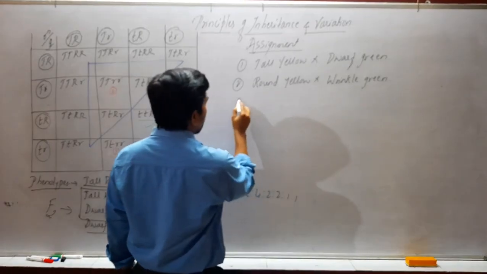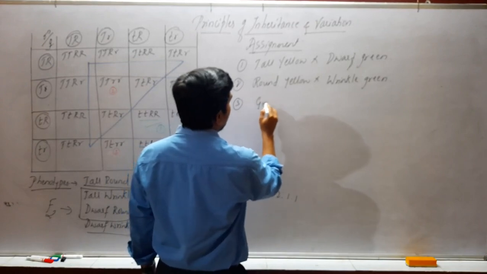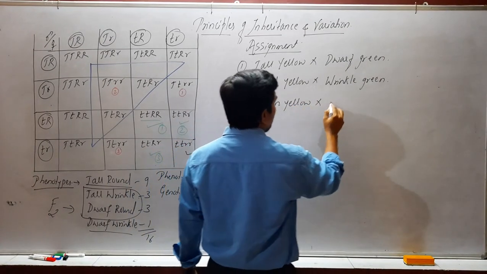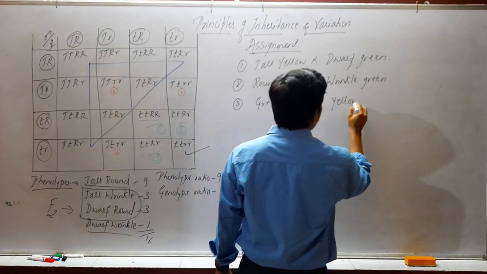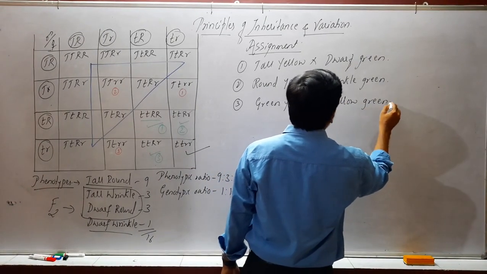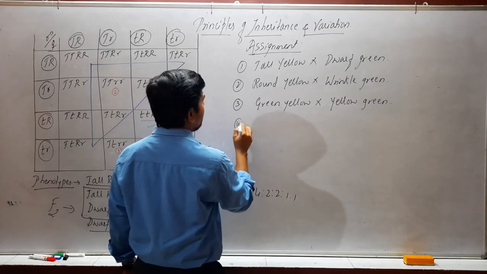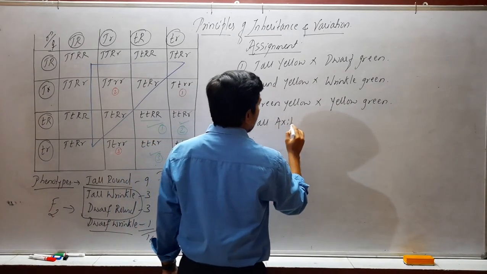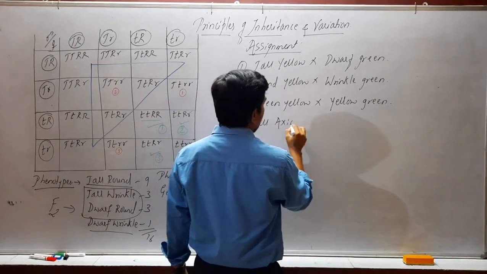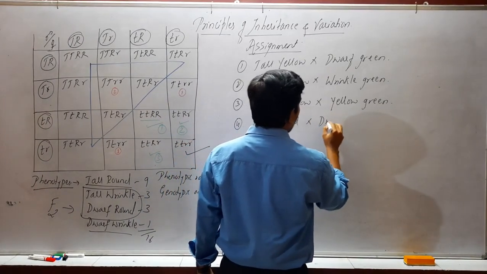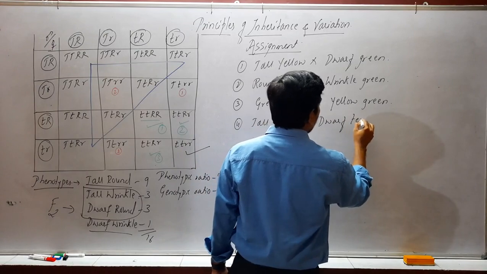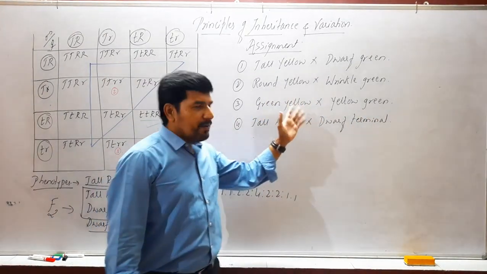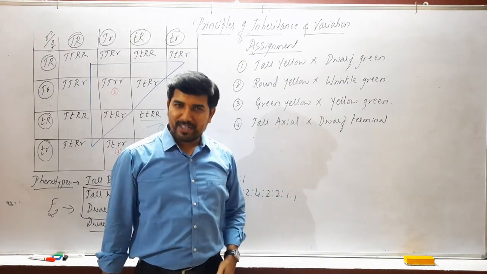Third one, green yellow cross with yellow green. Then fourth one, tall axial cross with dwarf terminal. So these are a few assignment questions for you.